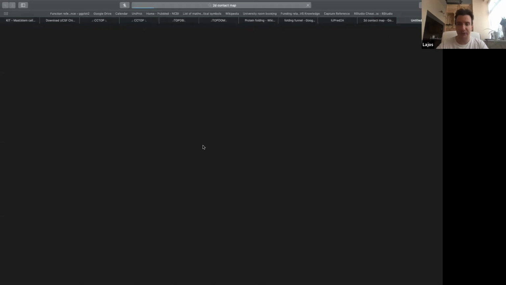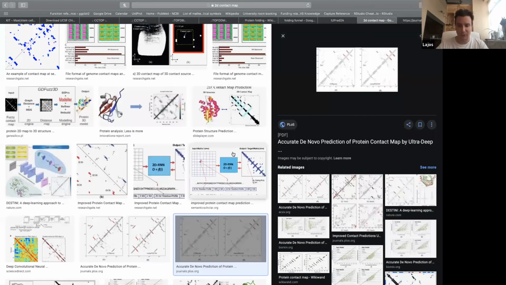Let's see if we can see the full picture. In the 2D contact map, what you define is which amino acids are close to which other amino acids.